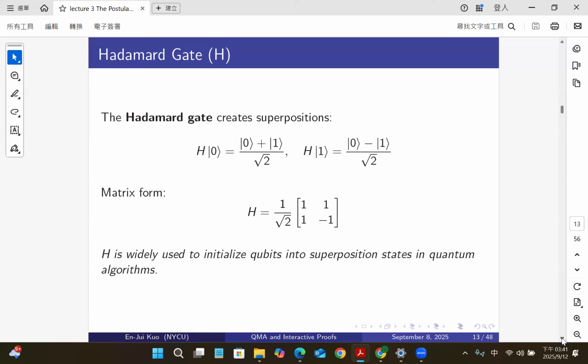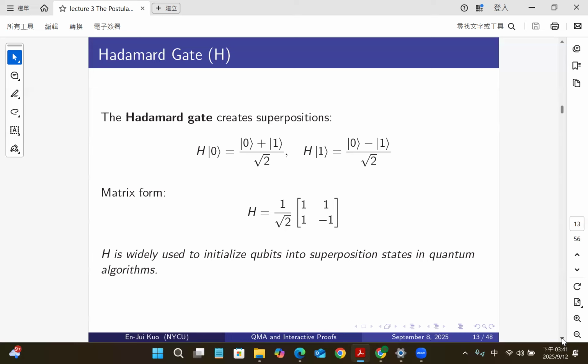Let's say I apply H to 0. Then I get the plus state. By definition, H applied on 0 is the plus state, which is (0 plus 1) divided by square root 2. So this is H x plus.